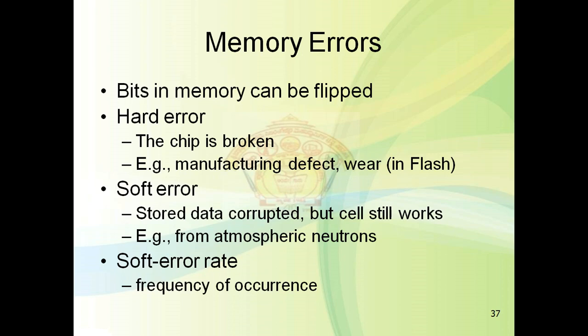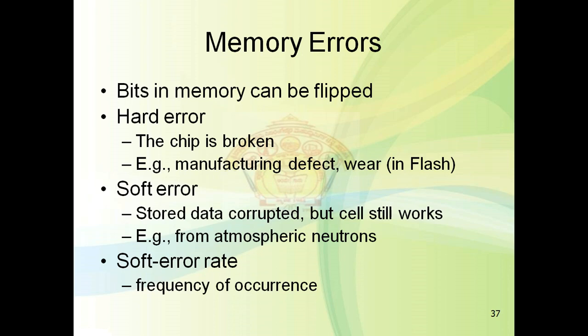These errors we can correct; when we rewrite, we can restore the data. These errors are caused by the flipping of bits due to atmospheric neutrons.